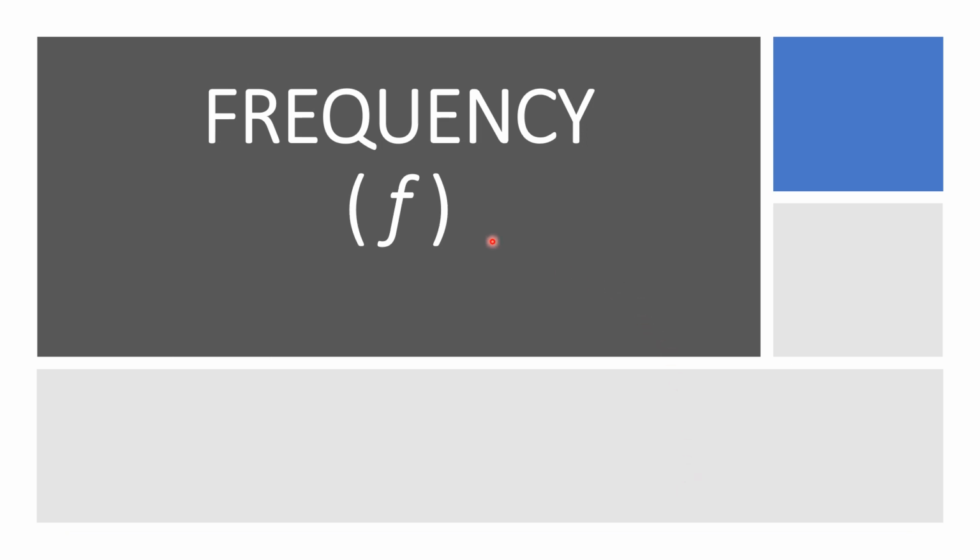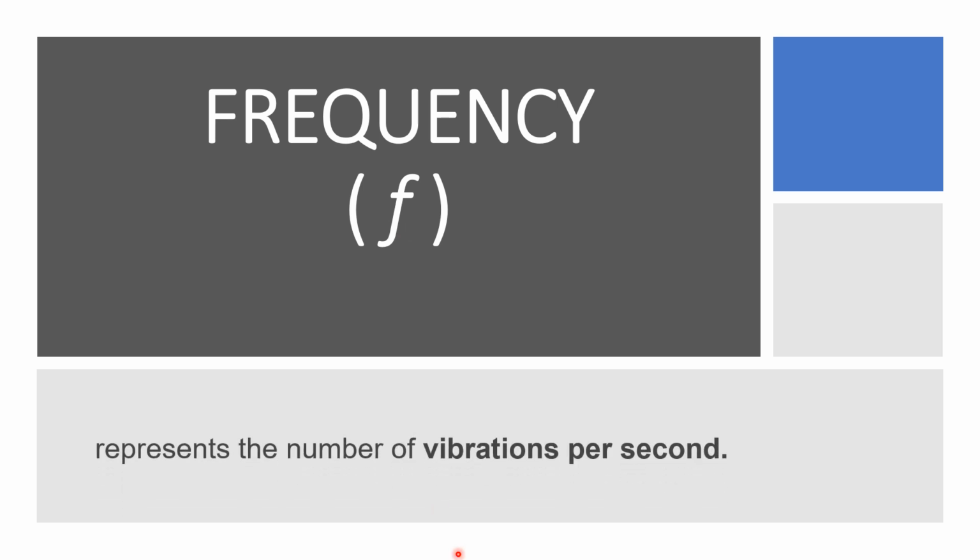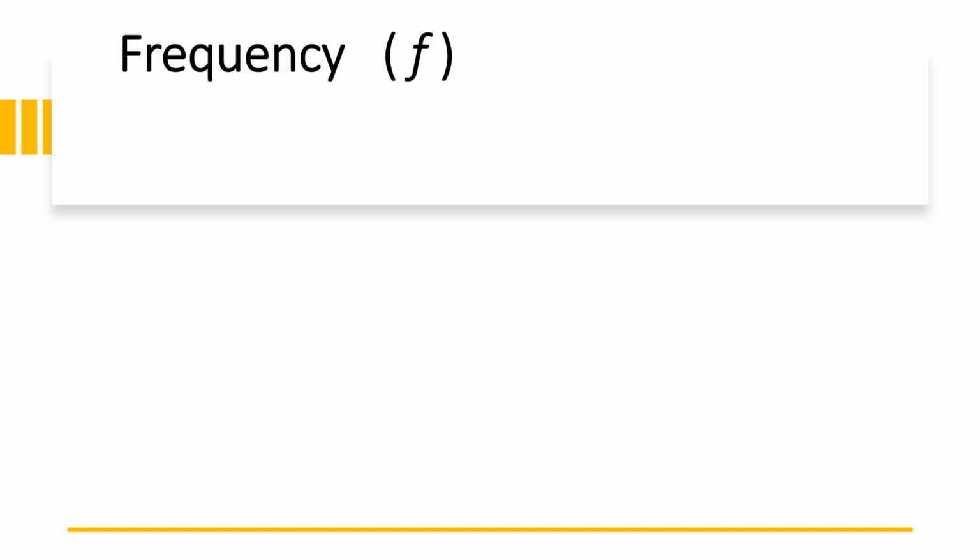So for frequency, we will use this italicized F as the symbol for frequency in solving problem. So let us define frequency. Frequency represents the number of vibrations per second. So kaya nga 'di ba pag sinabi nating frequency, how frequent? Gaano kadalas, no? So that is vibration per second, or we can say cycle per second.